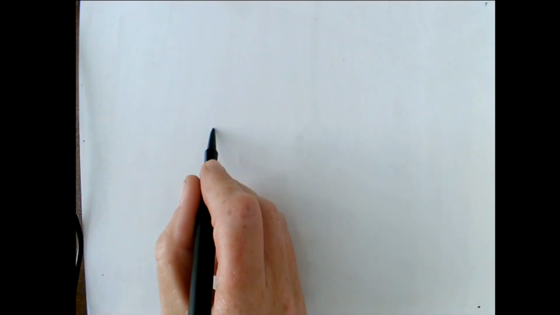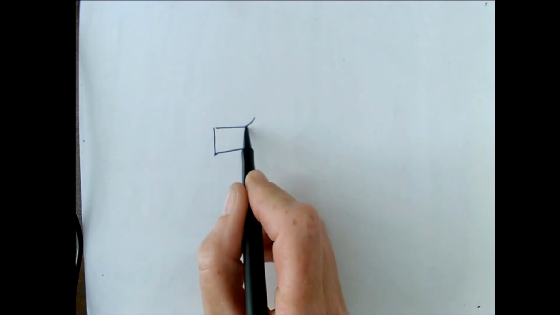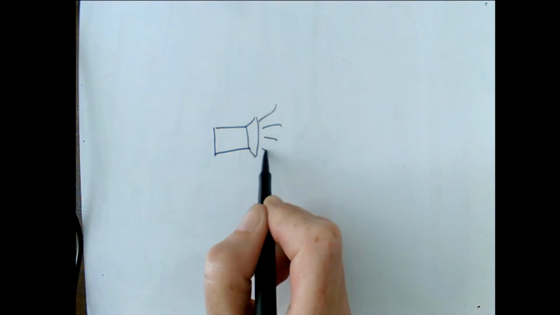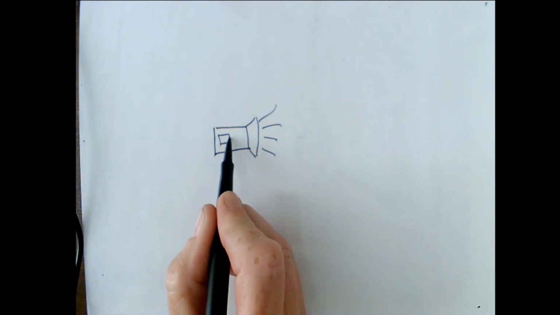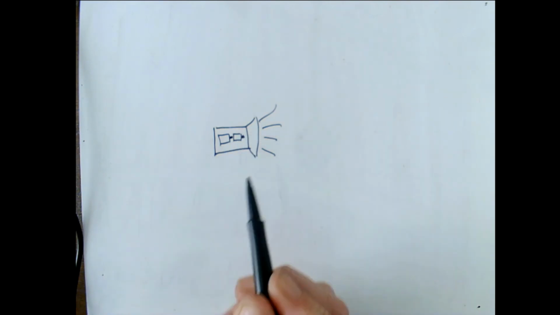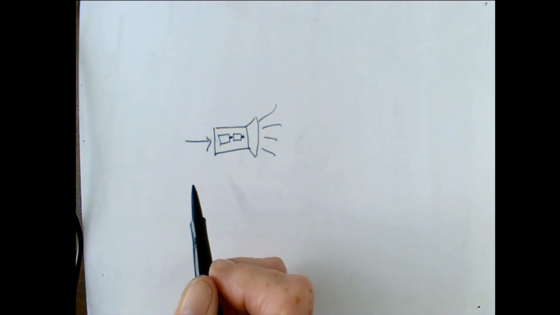So if you were walking along on a dark road at night, you might have a torch to light your way. Now in that torch you would have some batteries. And batteries have chemical energy, so our input energy would be chemical.